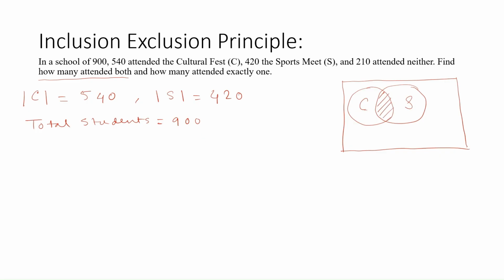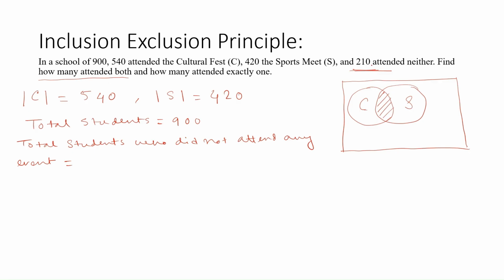So, in this problem, we have the 210 attended neither. So, total number of students who did not attend any event is 210.